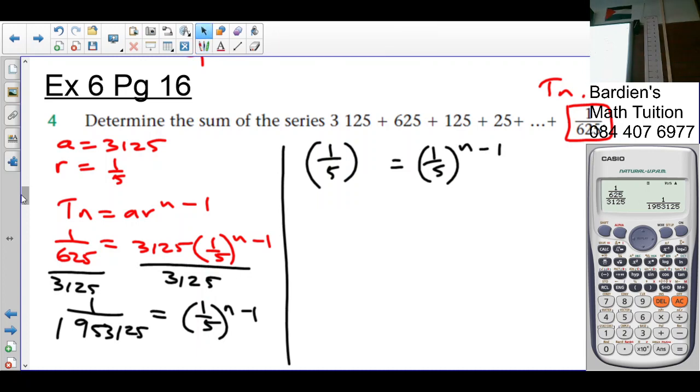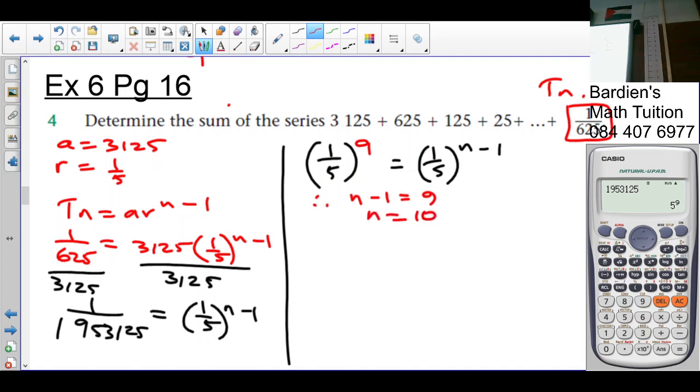To what exponent can that be written? We say 1,953,125 equals, shift to factorize, 5 to the 9. Okay, so that will be 9. So therefore, n minus 1 is equal to 9. So n is equal to 10.